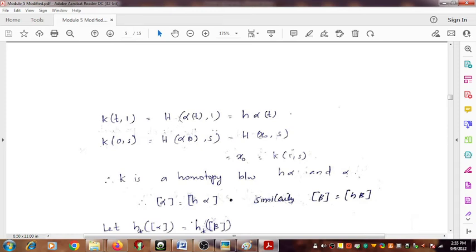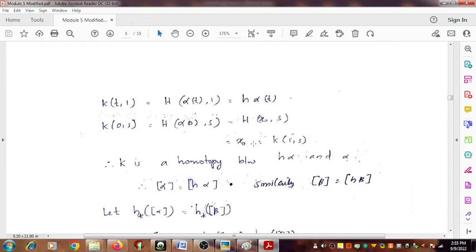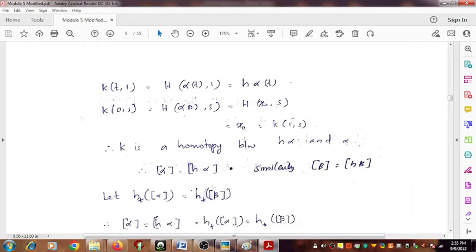Since h acts as the deformation retraction, we get h(α(t)), and then k(0, s) = h(α(0)) = h(x0, s) = x0 = k(1, s).